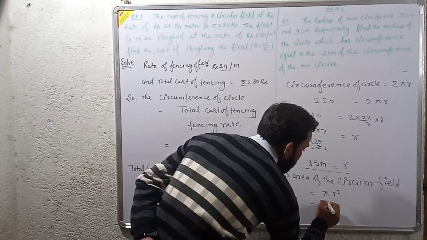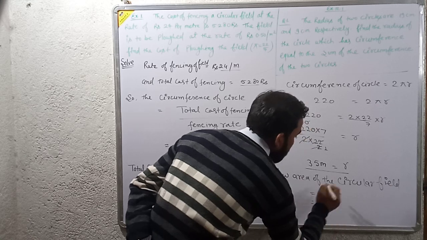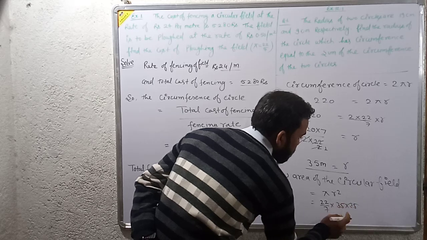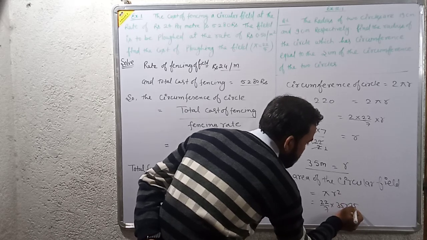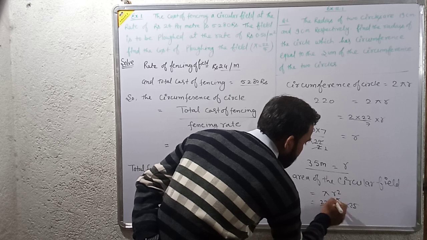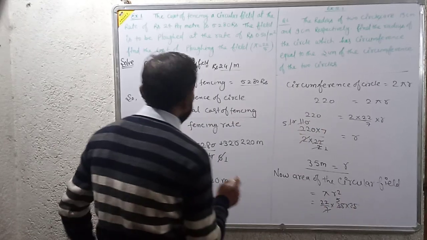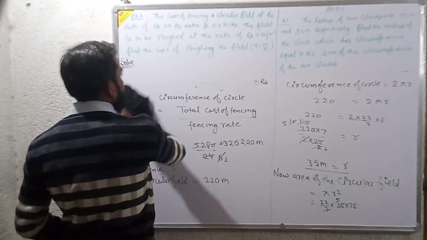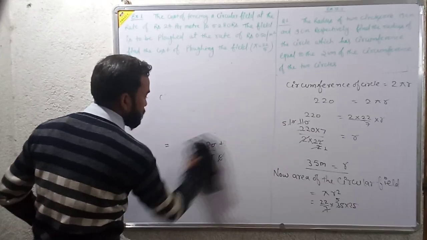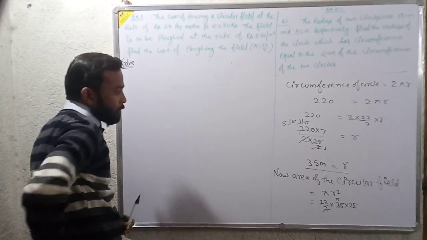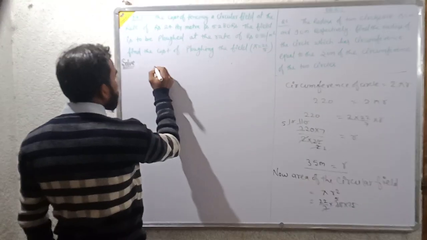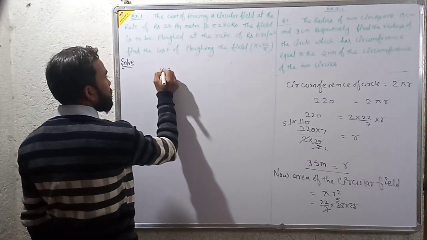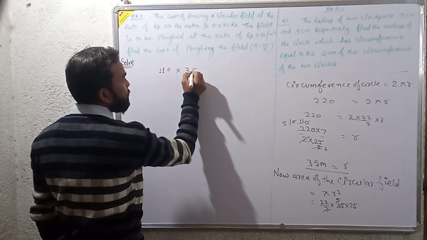Here pi is equal to 22 by 7 and r is equal to 35, so 35 into 35. 7 fives are 35, so it is equal to 22 into 5, which is 110, into 35.